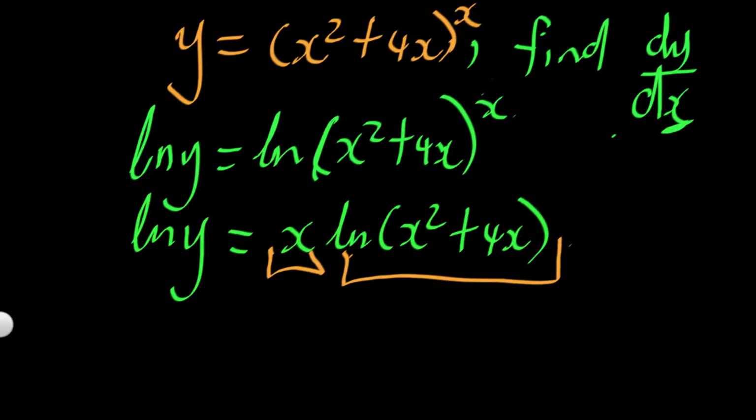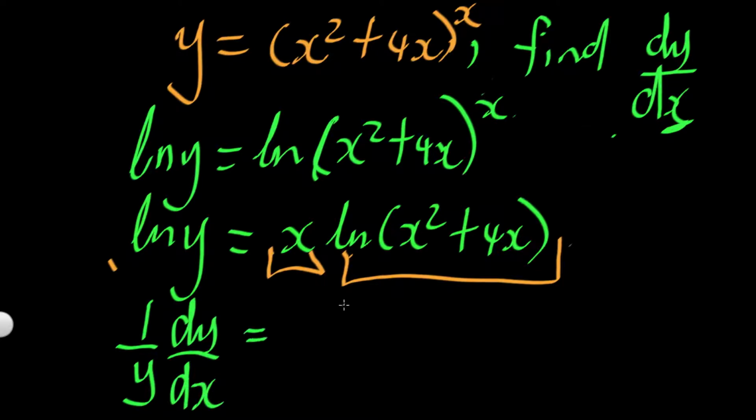But we are going to apply the product rule and also implicit differentiation because we don't have y being equal to something here. We have ln y, so we have to differentiate this ln y with respect to x. So I'm going to the next stage here. If we differentiate ln y, we get 1 over y dy dx equals to, on the right hand side, I'm going to apply logarithmic differentiation.